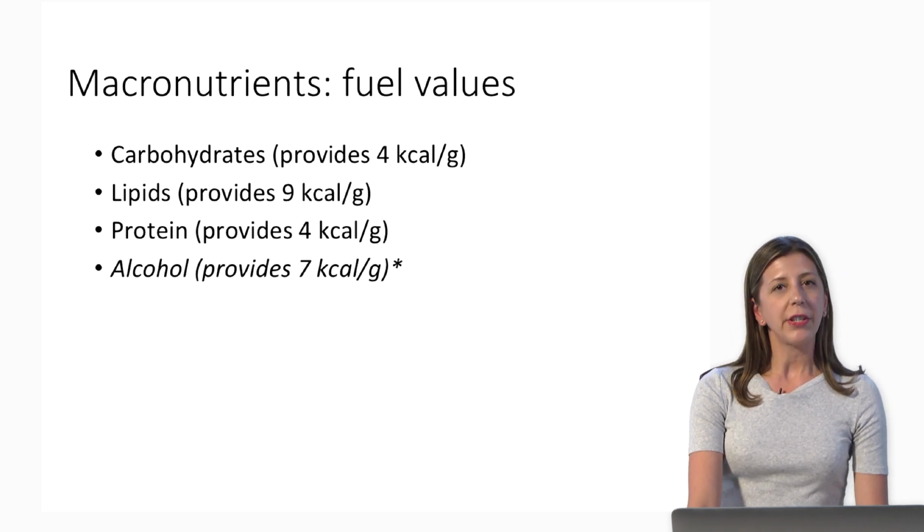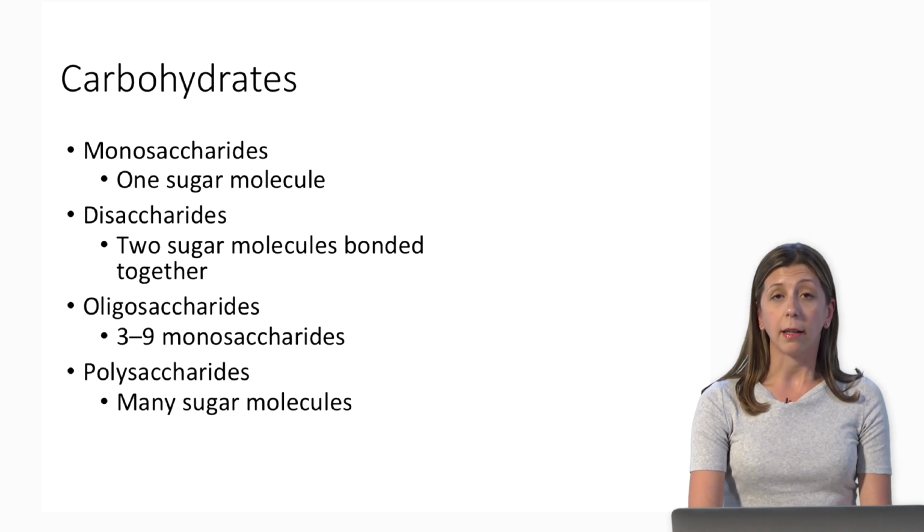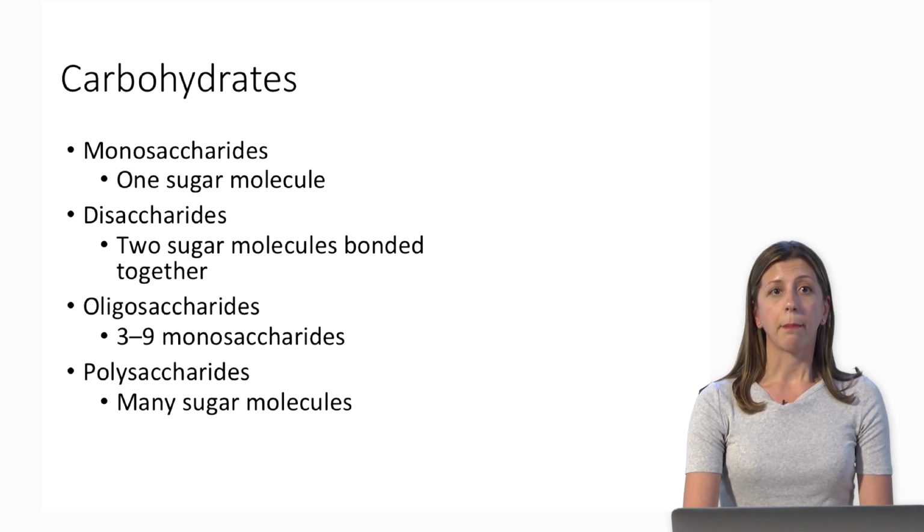Okay, so I'm going to break down each of these macronutrients one by one. We'll go into a little bit more detail in comparison to the first lecture. So carbohydrates, remember, they're classified as simple or complex. This slide really highlights the simple carbohydrates and then ends with polysaccharides, which is a complex carbohydrate. Monosaccharides, again, simple carbohydrate.